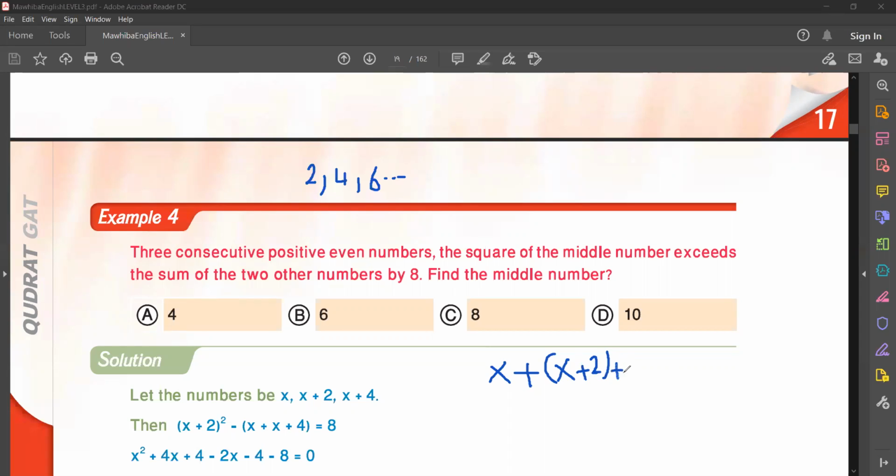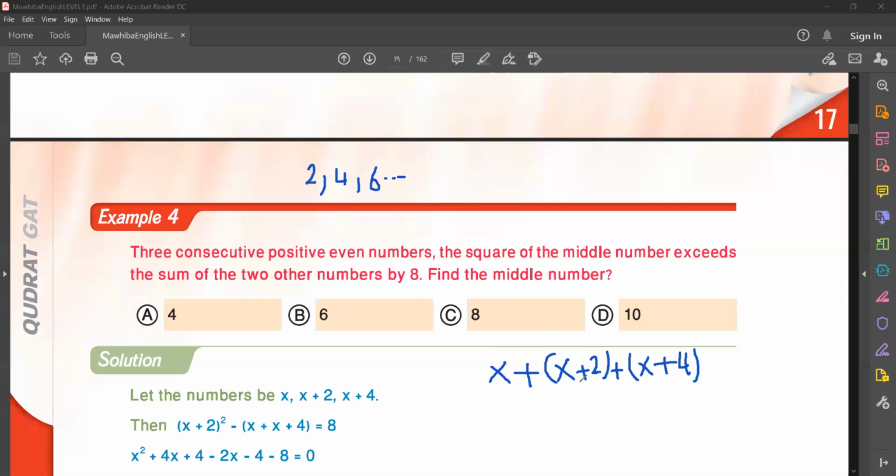The third one is x plus 4, right? Now we have these three numbers. The square of the middle number exceeds the sum of the two other numbers by 8. He said, find the middle number.